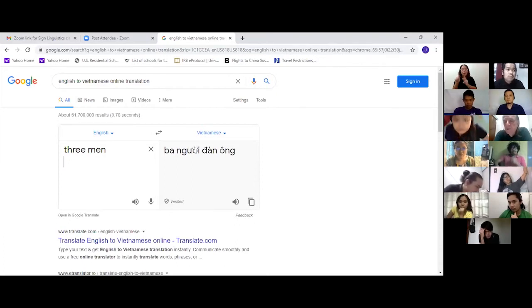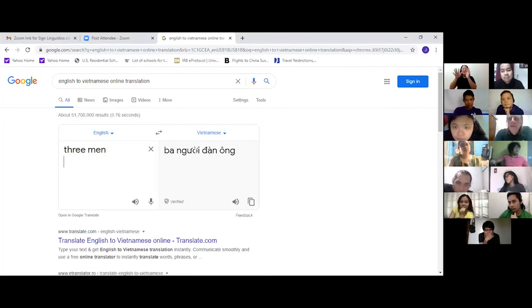So you don't want to put this in your English translation. You have to do your translation on the basis of both languages.